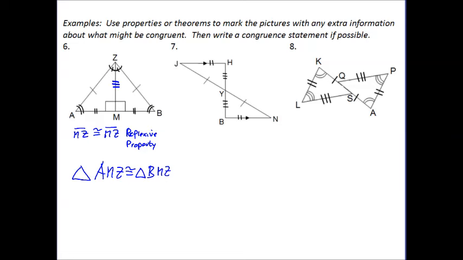Let's look at example 7. In example 7 we have 3 pairs of sides marked congruent. We have not been given any information about the angles, but if we look, we see that the two segments JH and BN are parallel. And since these two segments are parts of parallel lines, we remember and we can use some of our special angle relationships that we have learned in previous lessons.